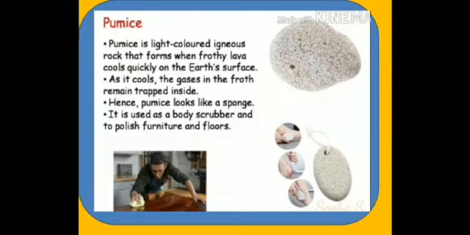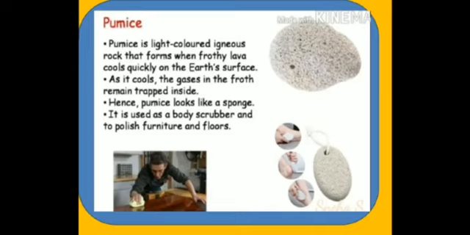Next, pumice rocks. Pumice is a light-colored igneous rock that forms when frothy lava cools quickly on the earth's surface. So what is frothy lava? Frothy lava means lava that has froth, meaning bubbles. As it cools, the gases in the froth remain trapped inside. Hence pumice looks like a sponge.